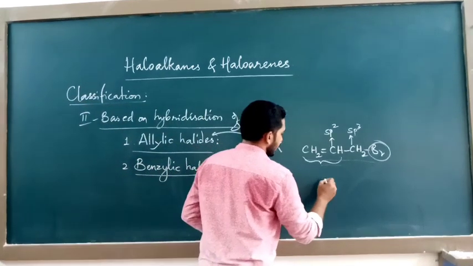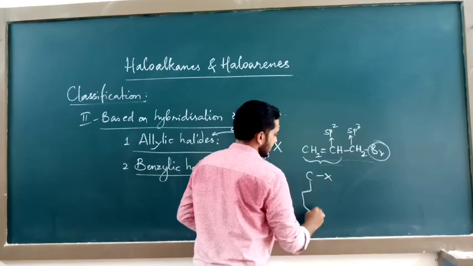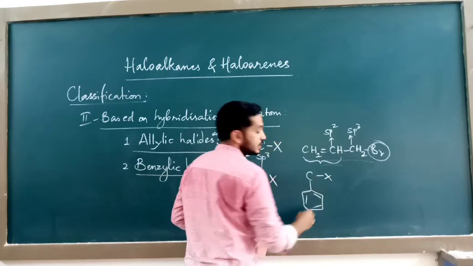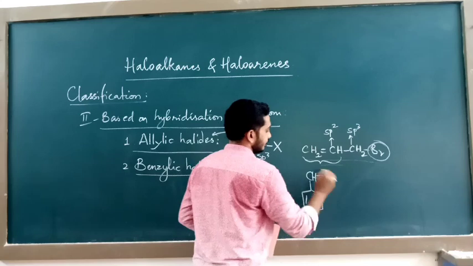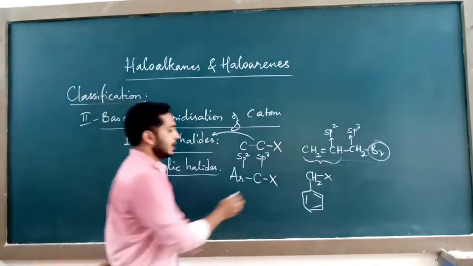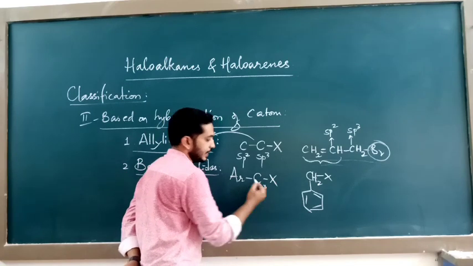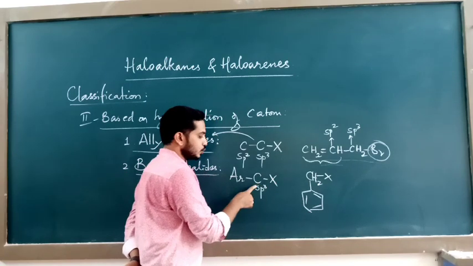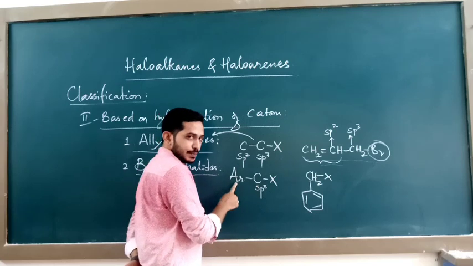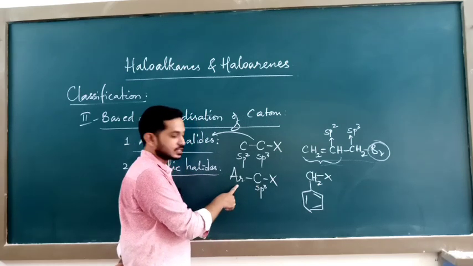Specifically, halogen is attached to a carbon attached to a benzene ring. In terms of hybridization, halogen is attached to a carbon which is sp3 hybridized, and this carbon should be attached to an sp2 hybridized carbon belonging to a benzene ring or aromatic system.